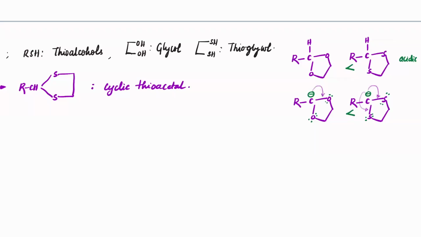Here, such resonance does not occur. On the contrary, there will be strong repulsions from the lone pairs here. The conjugate base is extremely stable, and because of that stability only, this cyclic thioacetal is strongly acidic. This property will be very useful whenever you want to assess some reactions here.